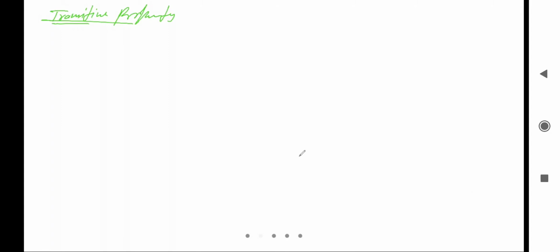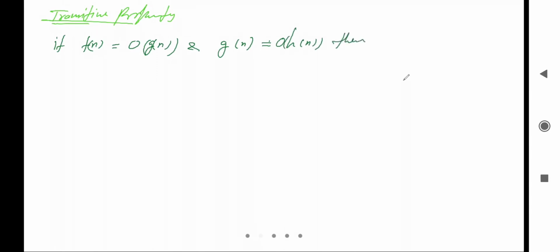So in case of transitive property, what will happen? We can say, if f of n equal to order of g of n, and g of n equal to order of h of n, then f of n equal to order of h of n also.